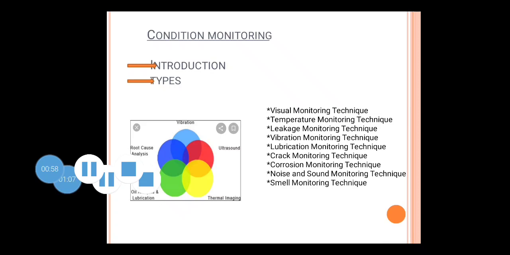So here condition monitoring is nothing but monitoring the health of the machine equipment. Condition monitoring is determining the health and condition of the equipment, machines and systems that we are using in the mechanical field by observing, checking, measuring and monitoring certain parameters and signals.